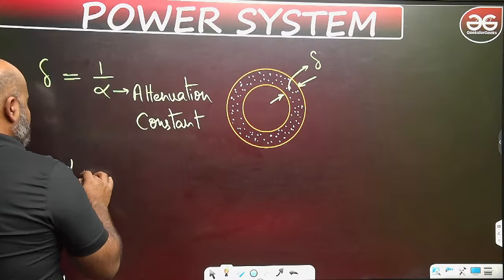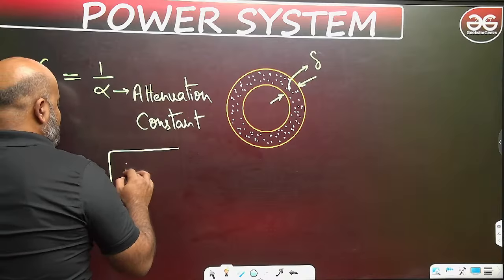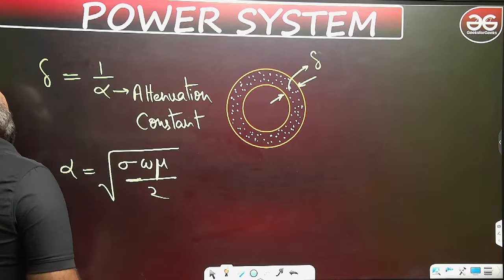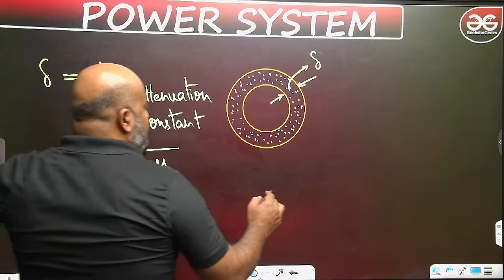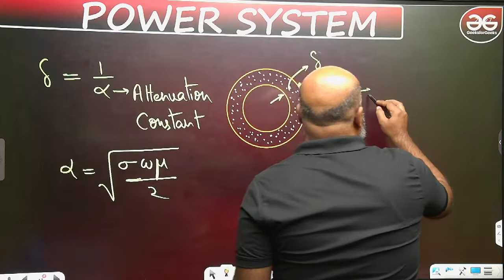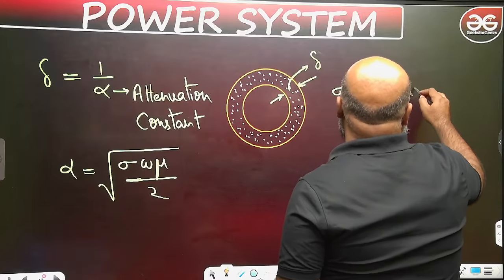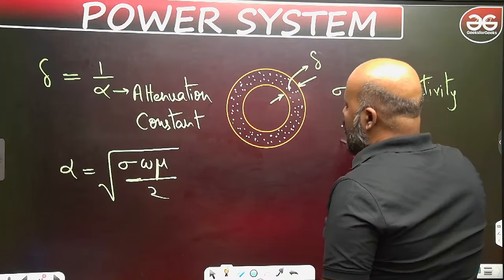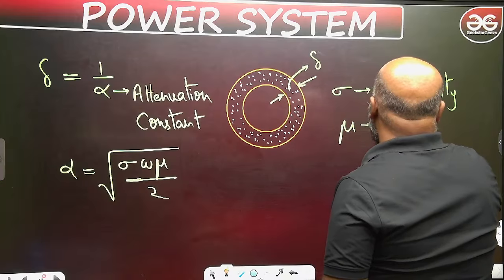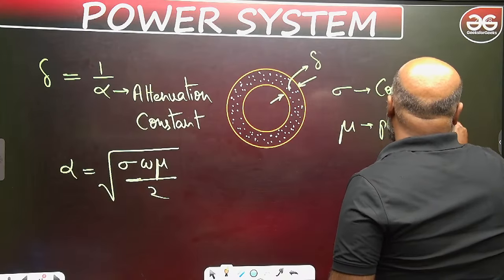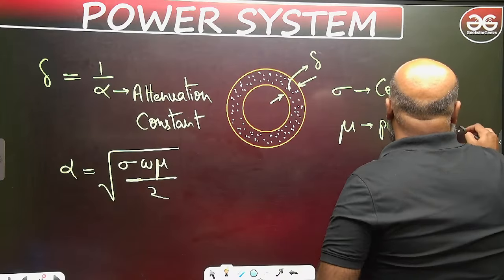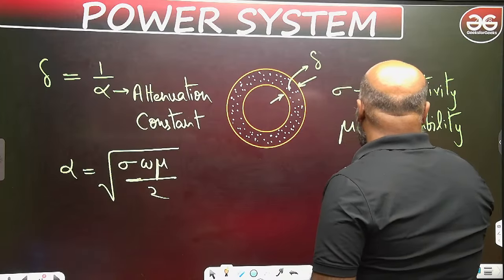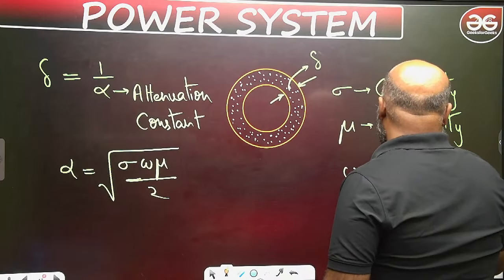And alpha, you can write it as root of sigma omega mu by 2, where sigma is the conductivity, mu is the permeability, and omega is the frequency.